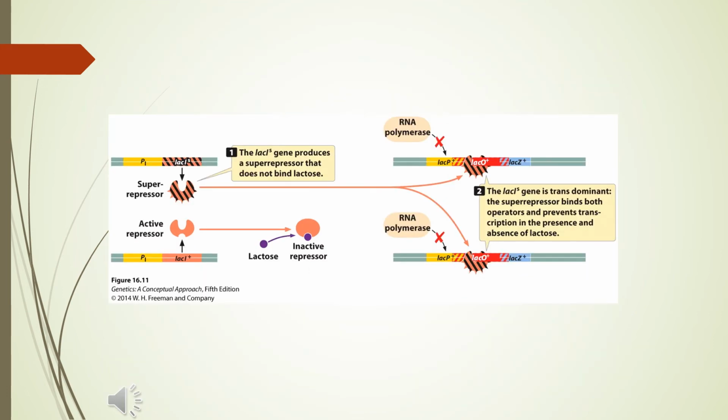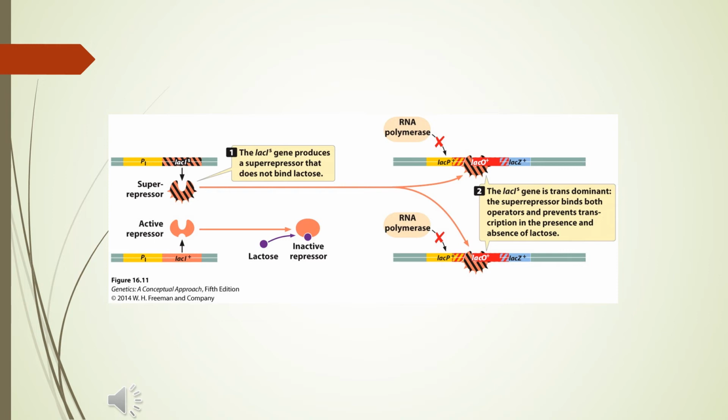Now let us look at another mutation that is known as super repressor formation. Sometimes lac I will undergo a super mutation that will produce a super repressor. The problem with this super repressor is that it does not bind with lactose.